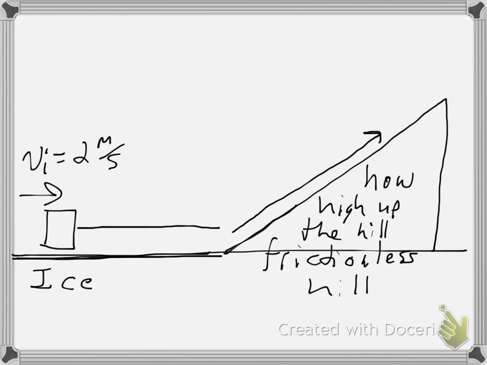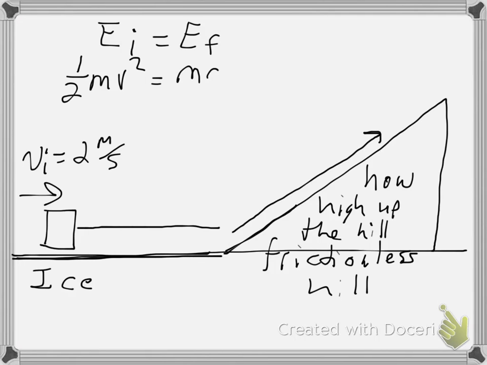How high up will the box go on the hill before it starts to slide back down? And here again we can use conservation of energy because everything is frictionless, and in this case our initial energy is kinetic. And our final energy is potential energy.